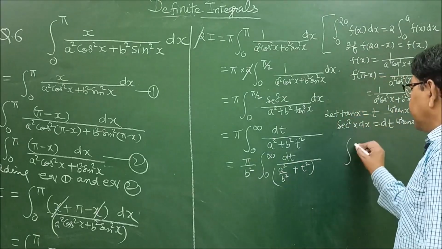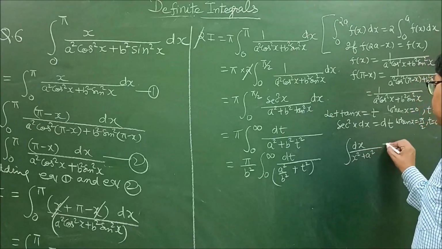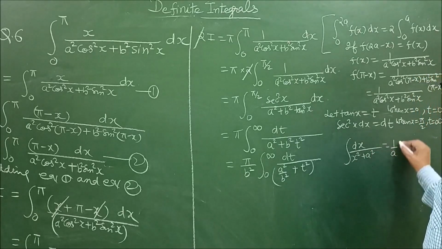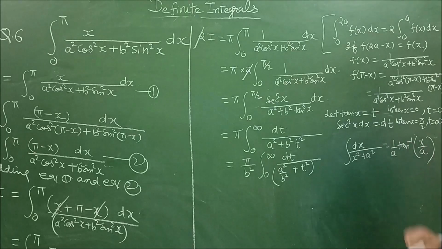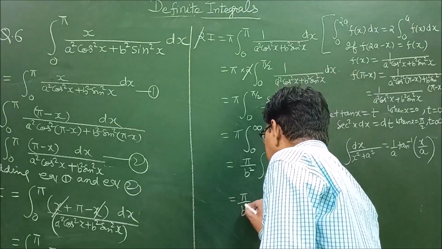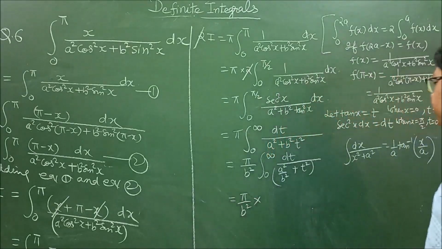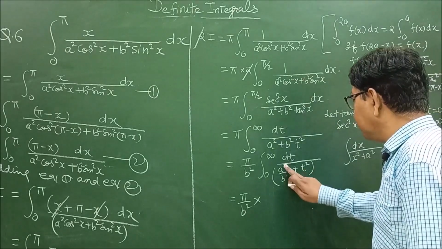As you know, the integral of dx upon x square plus a square is equal to 1 upon a tan inverse x upon a. Applying that formula here, this is equal to pi upon b square into, the value of a here is the square of a upon b.